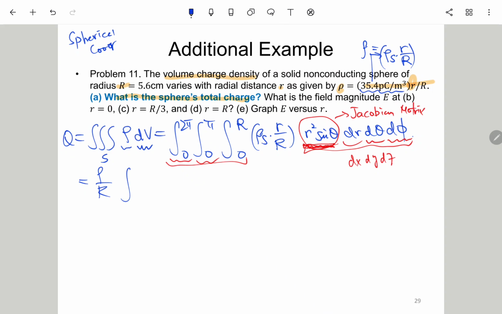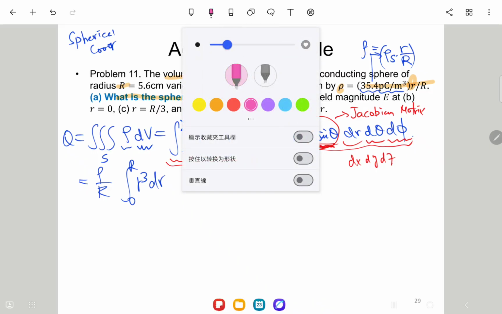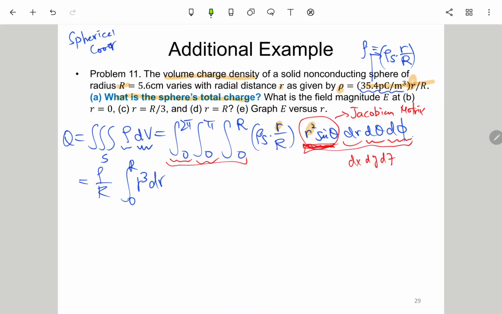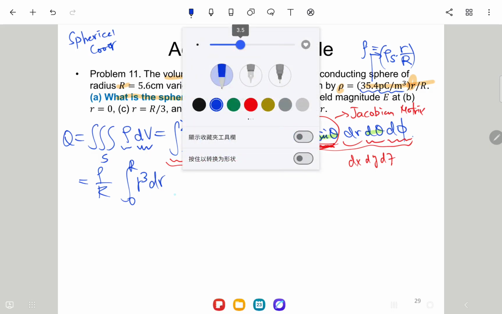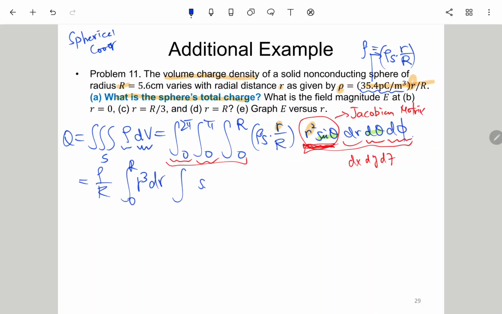Then we have r and r squared here, so it turns out to be r cubed dr, integrated from 0 to capital R. The next one is sine of theta d theta, integrated from 0 to pi.